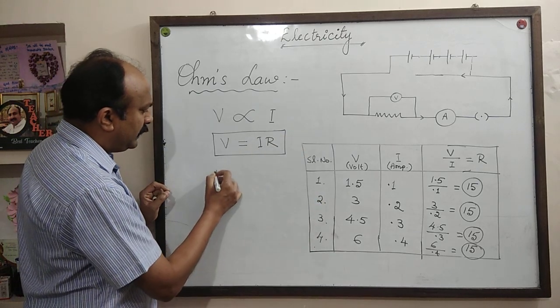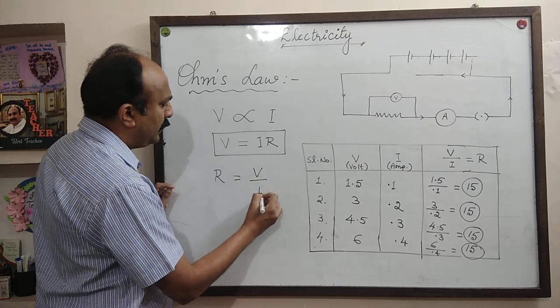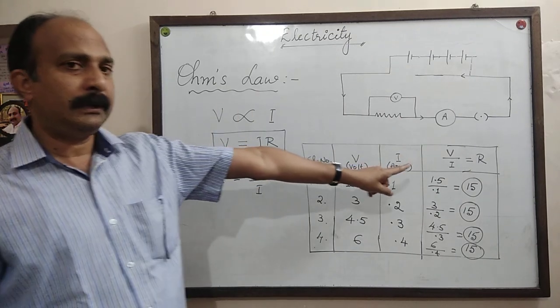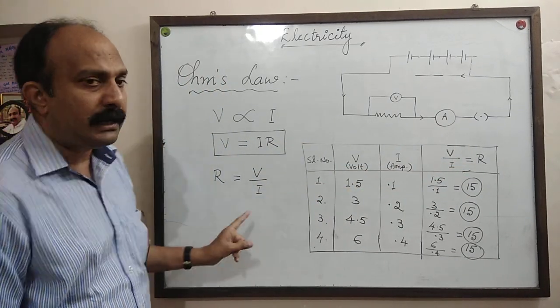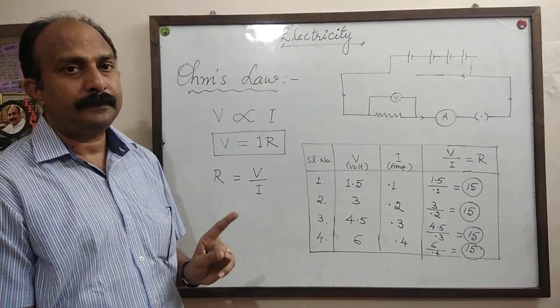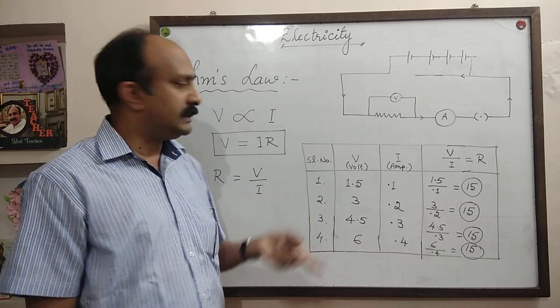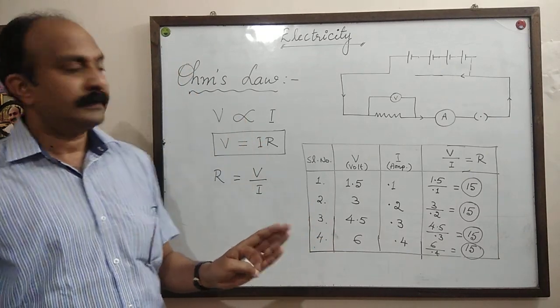Or from this formula we can derive R is equal to V upon I. See, V upon I is called R, and this R is the resistance of the conductor wire. I will explain more about resistance. So just remember the new word resistance.